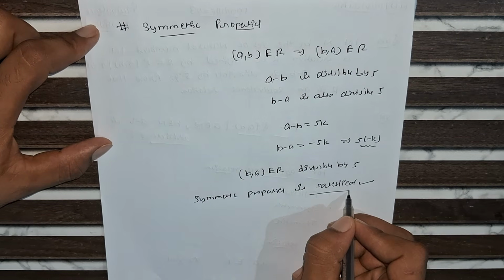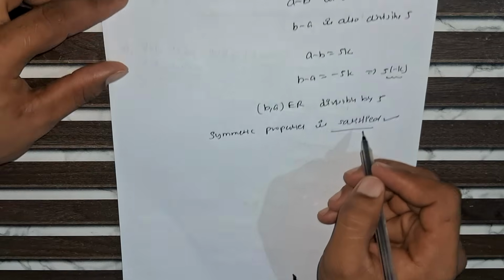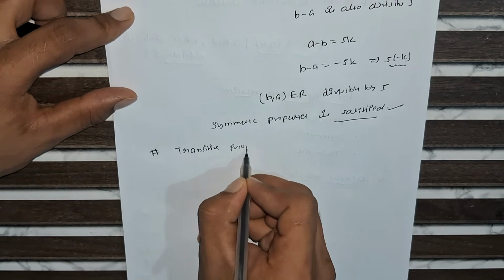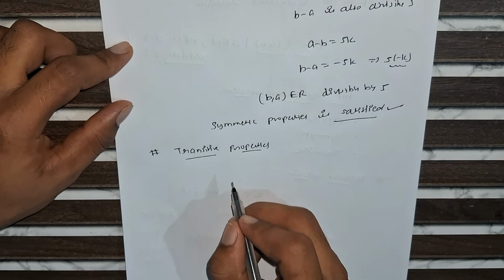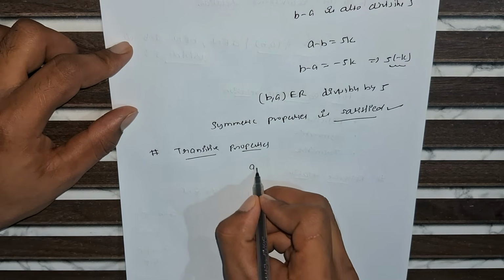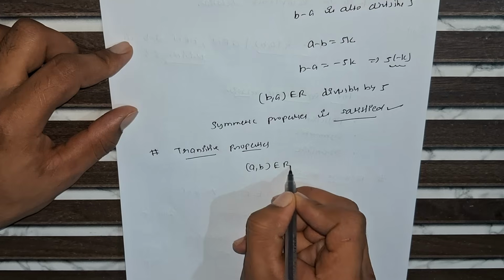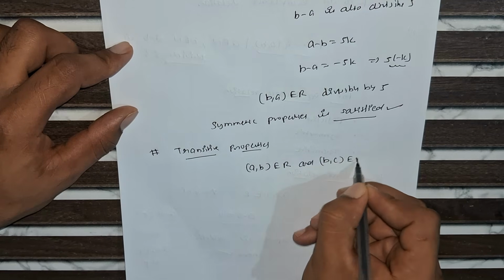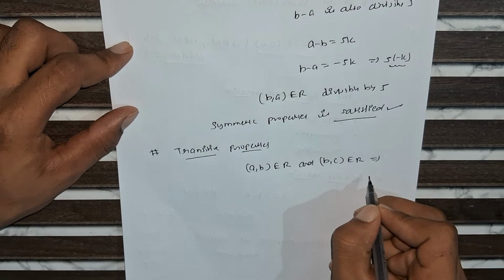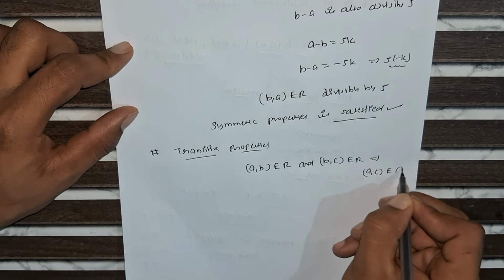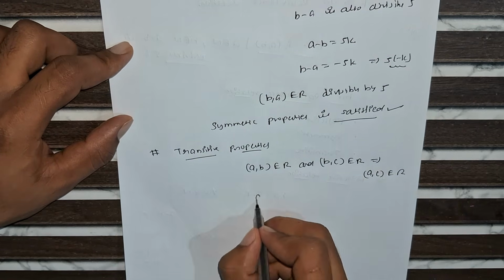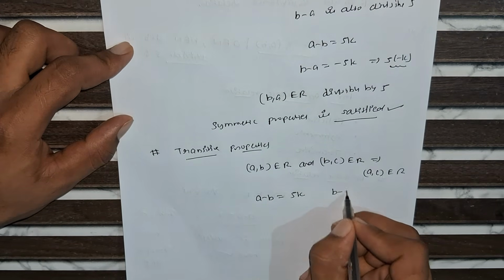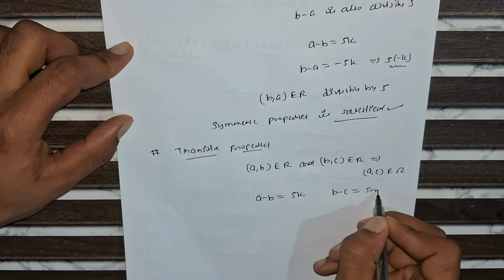Now move to the third property, which is transitive. A relation is called transitive if (a, b) belongs to R and (b, c) belongs to R, then (a, c) also belongs to R. So in this, we consider a minus b equals 5k, and b minus c equals 5m.